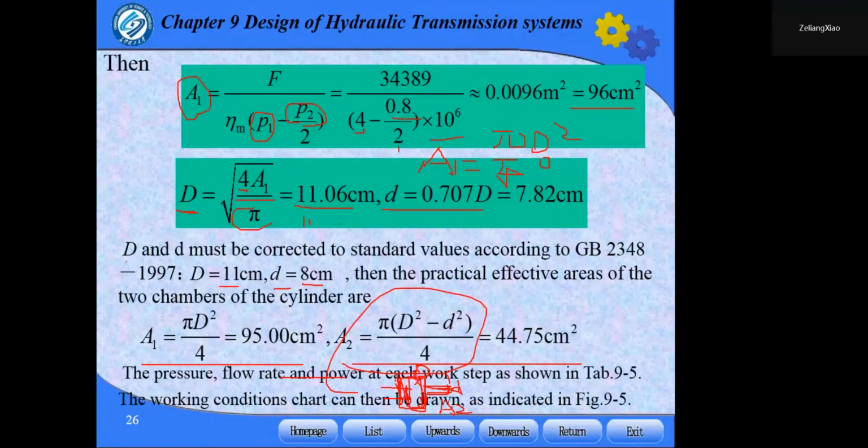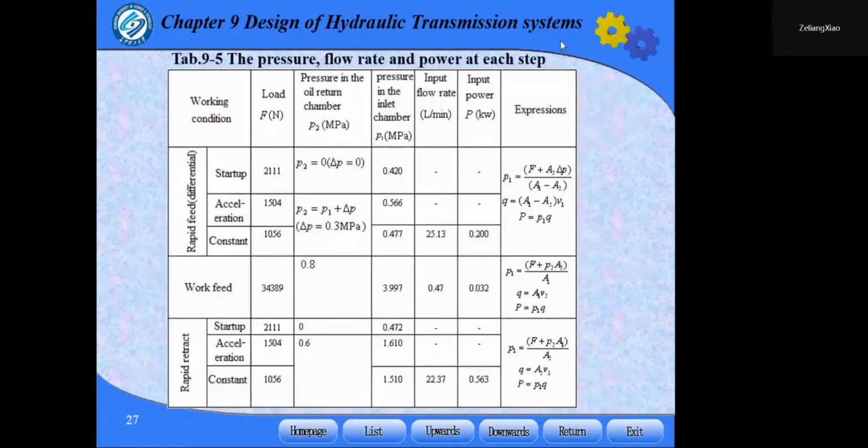The pressure, flow rate and power in each working step are shown in table line 2, 5 and the working conditions are then for basic figure line 2, 5. This is the pressure, flow rate and power in each step consideration. With the back pressure, the start-up there. The one is the working pressure.